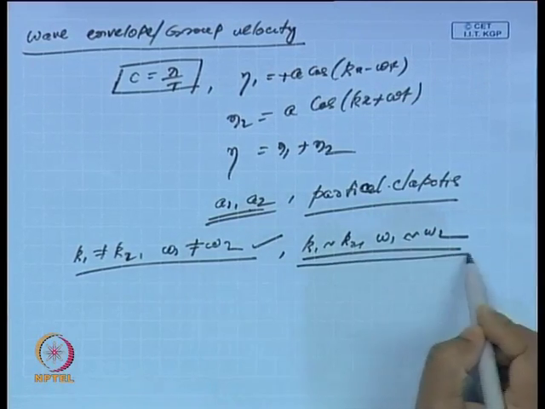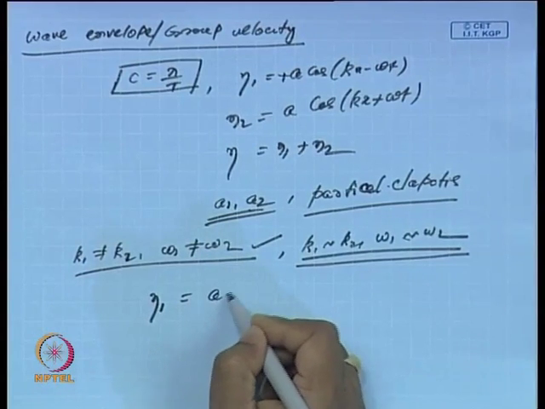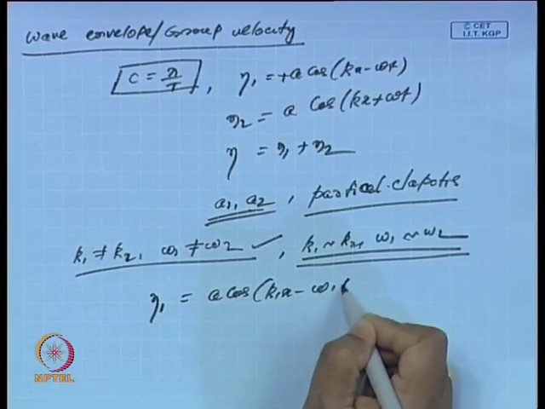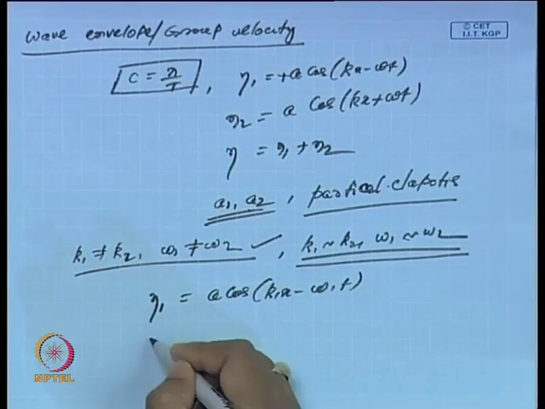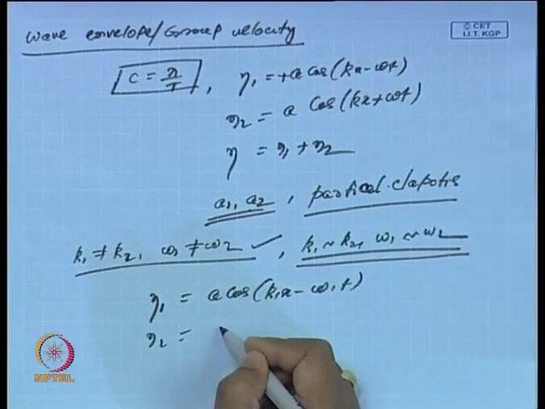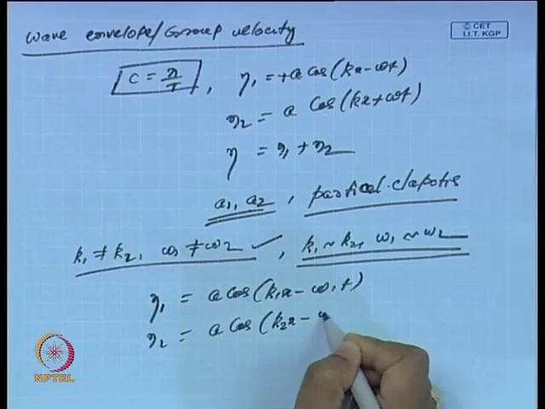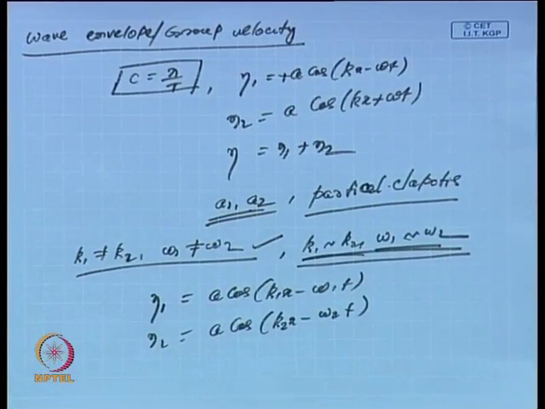Suppose I have two such waves, eta 1 equal to a cos(k 1 x minus omega 1 t) and eta 2 equal to a cos(k 2 x minus omega 2 t). They are similar in nature, but not exactly the same. In this situation, what will happen to the resultant?